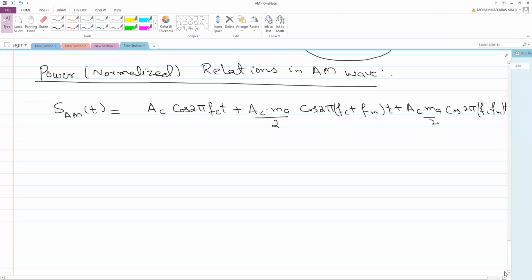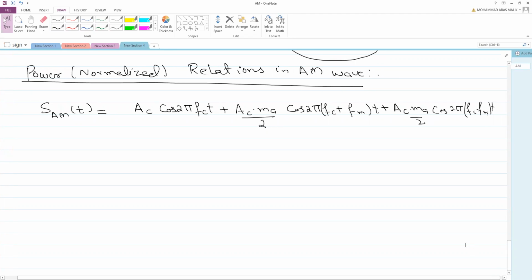Right? So this is your standard form of AM in terms of the modulation index.